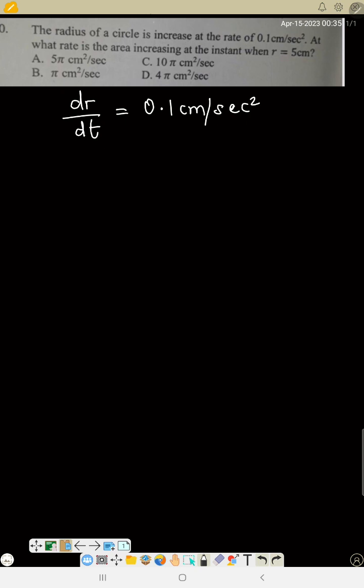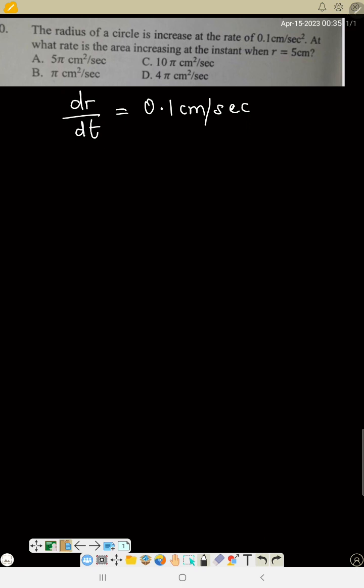The radius of a circle is increased at the rate of 0.1 centimeter per second square. Because as we have centimeter per second square, it should just be centimeter per second. That's radius.